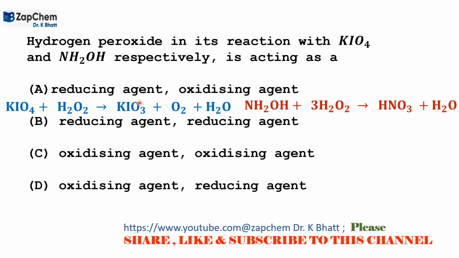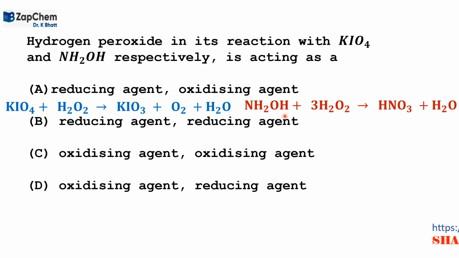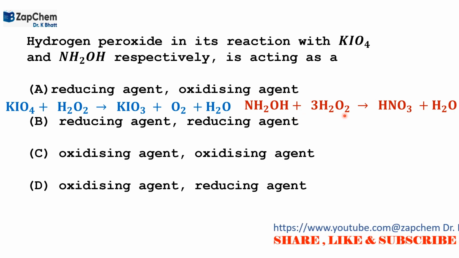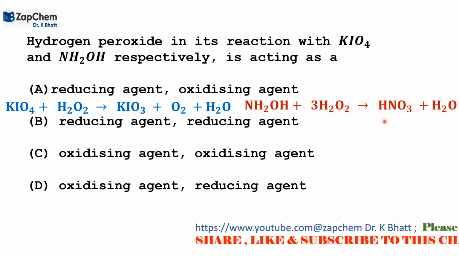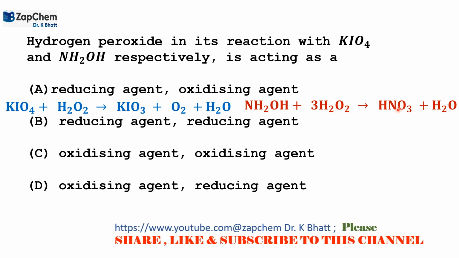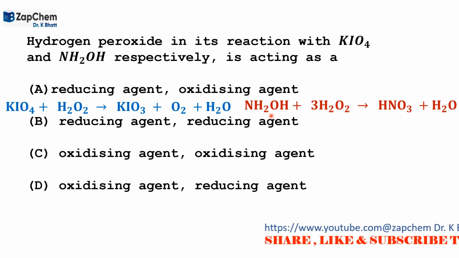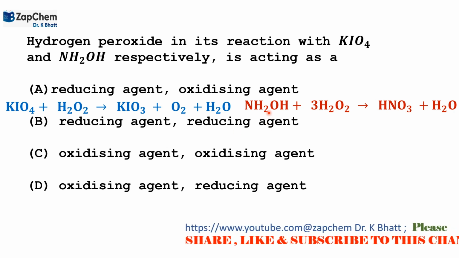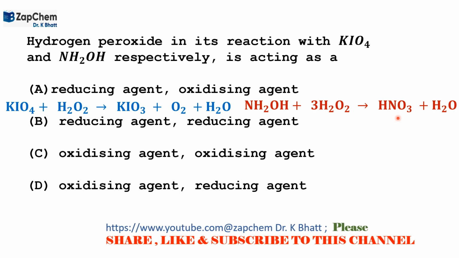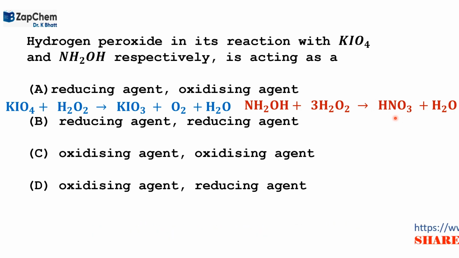If you look at the reaction with NH2OH, here we find that NH2OH, when it reacts with hydrogen peroxide, forms nitric acid, and the oxidation state of nitrogen in nitric acid is +5, whereas in NH2OH it is -1, and therefore there is an increase in oxidation state, and hydrogen peroxide has acted as an oxidizing agent.